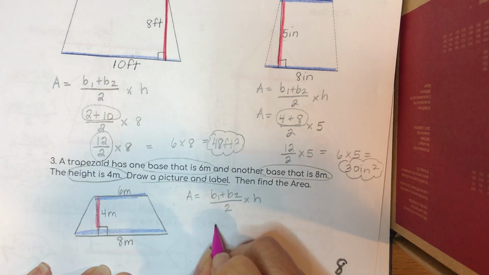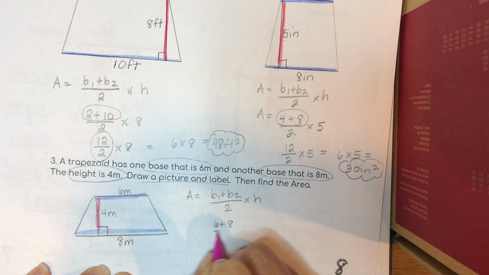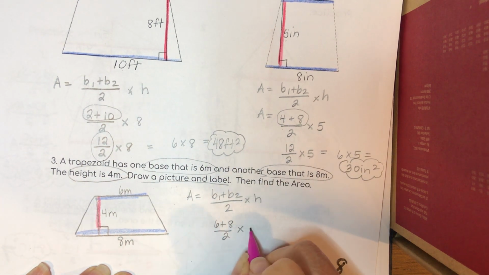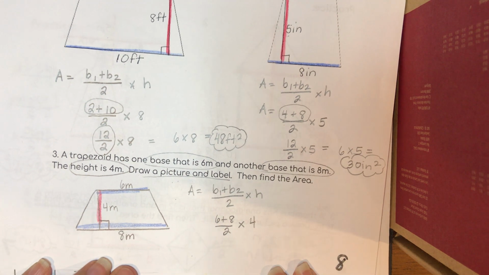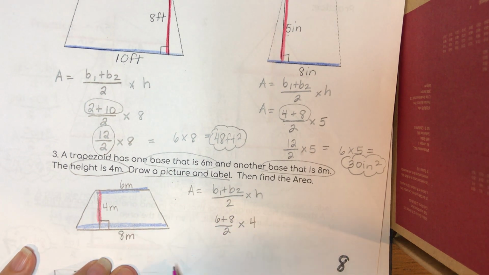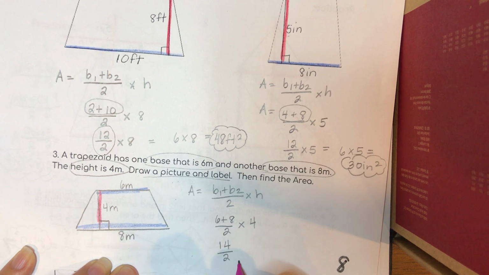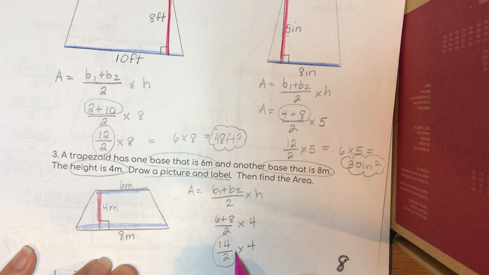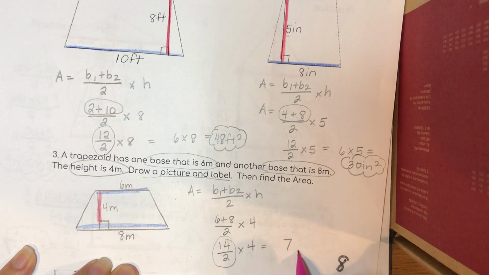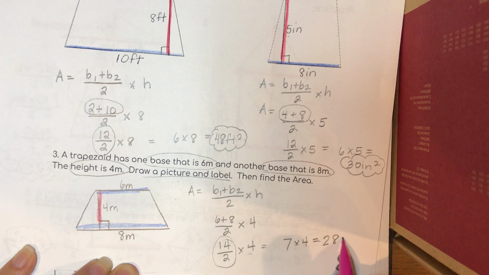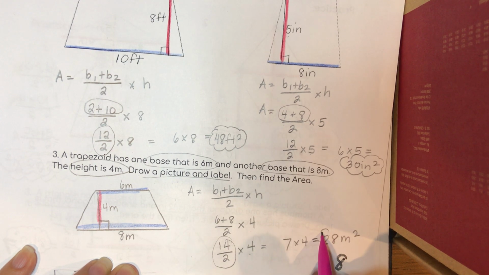So 6 plus 8 divided by 2 times the height, which is 4. 6 plus 8 is 14 divided by 2 times 4. 14 divided by 2 is 7 times 4. We get 28 meters squared.